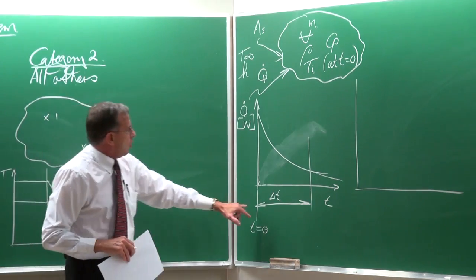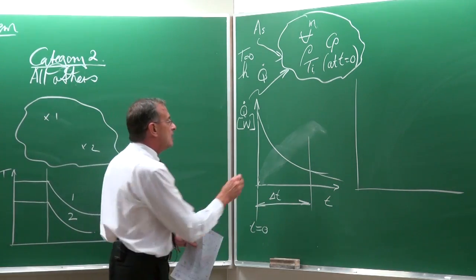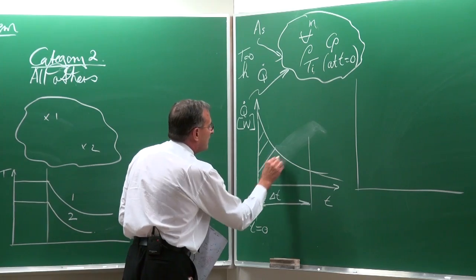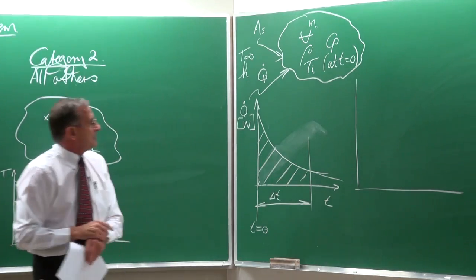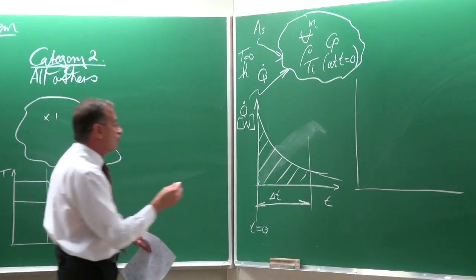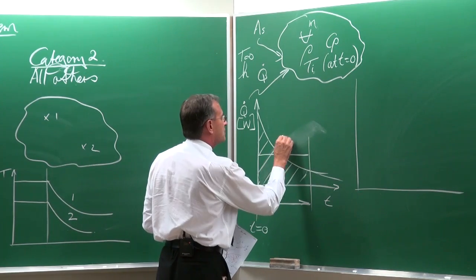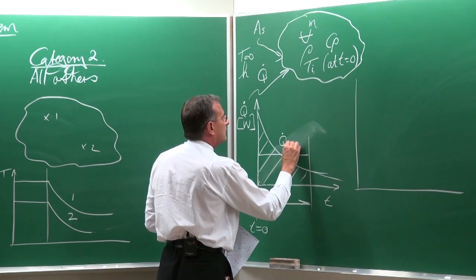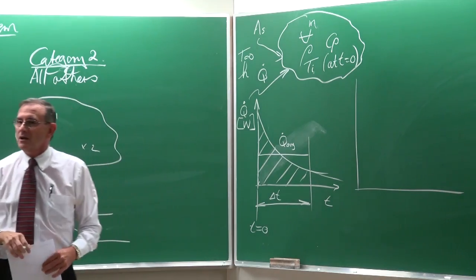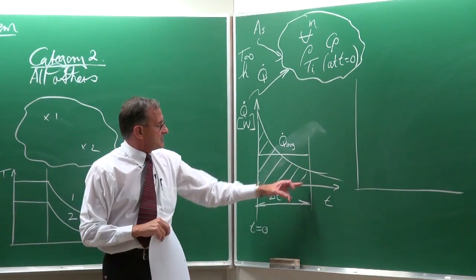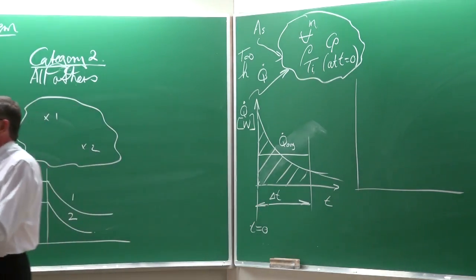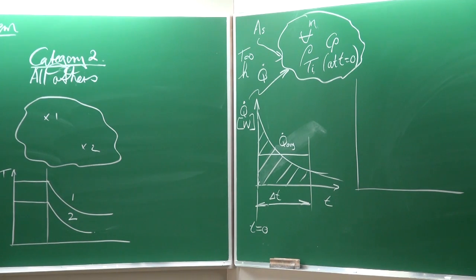After a certain delta t, the average heat transfer rate would be approximately that. You agree? You just integrate this and divide by delta t, and that will give you the average heat transfer rate during a delta t.